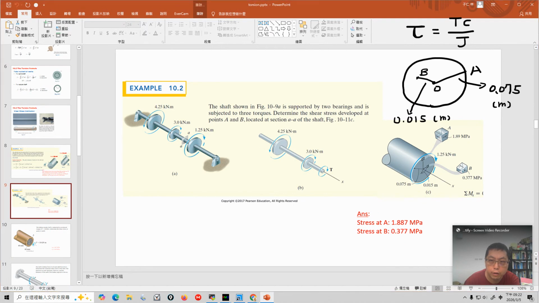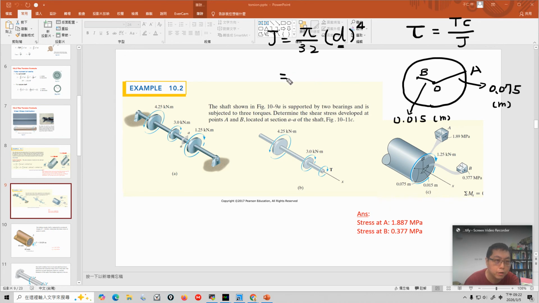So let's calculate the polar moment of inertia first. Don't forget, J is equal to pi over 32 times the diameter to the power 4. Be careful, this is the diameter. Here is the radius 0.075, so the diameter is equal to 0.15.